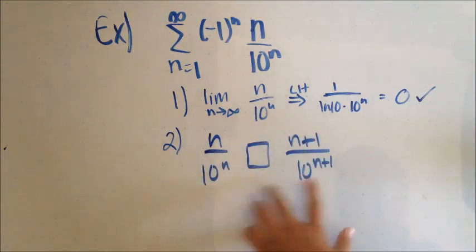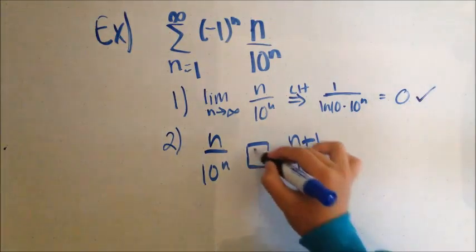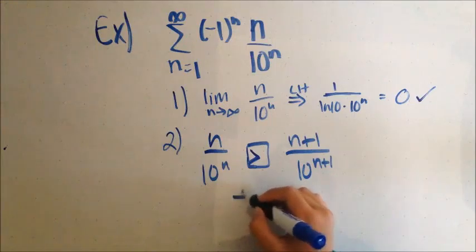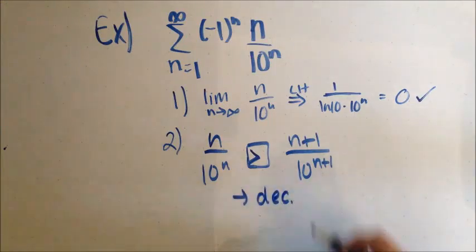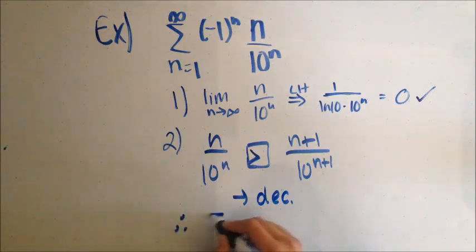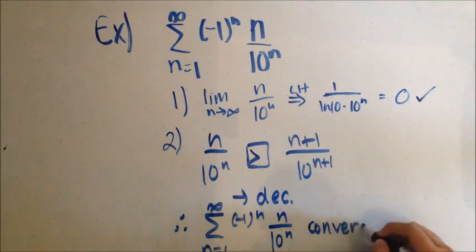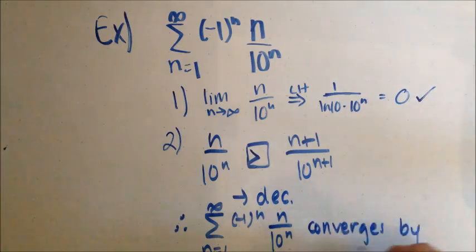So we know that this is going to be growing exponentially faster, so this is definitely going to be smaller. So we know that this function is decreasing. And then we can say that this series converges by the alternating series test.